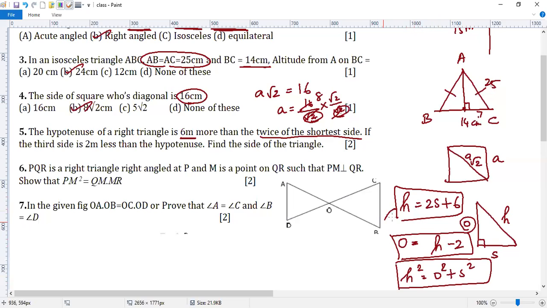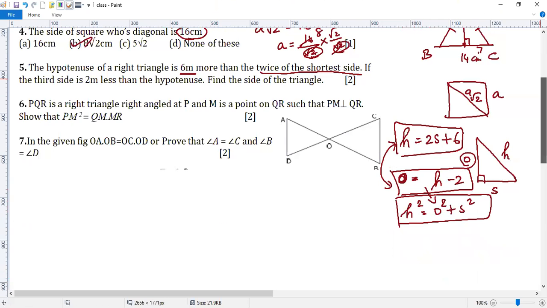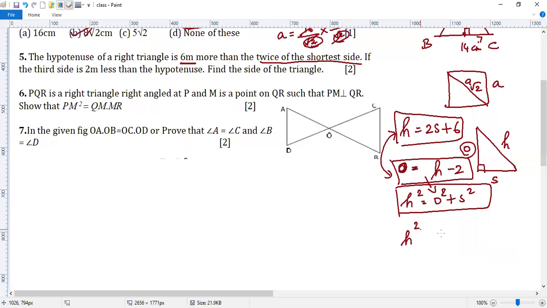In the equation, you can try to eliminate any one of the variables and proceed with substituting. If O is equal to H minus 2, substitute. What will you get? H squared is equal to H minus 2 whole squared plus S squared. So now you have got one equation in terms of H and S.